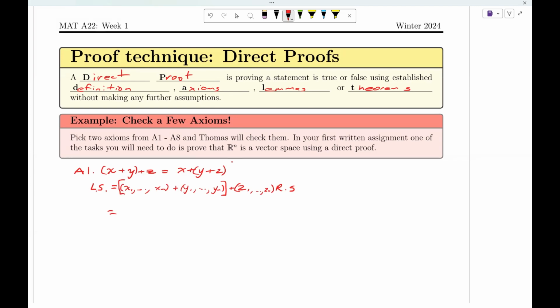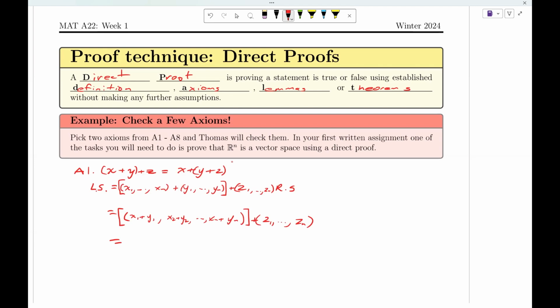And now this gives us (x1 plus y1, x2 plus y2, ..., xn plus yn), all plus (z1, ..., zn).